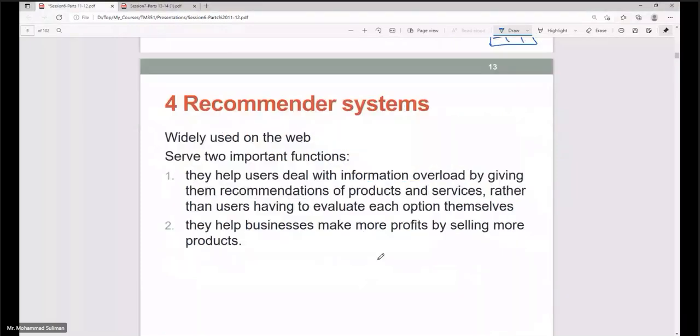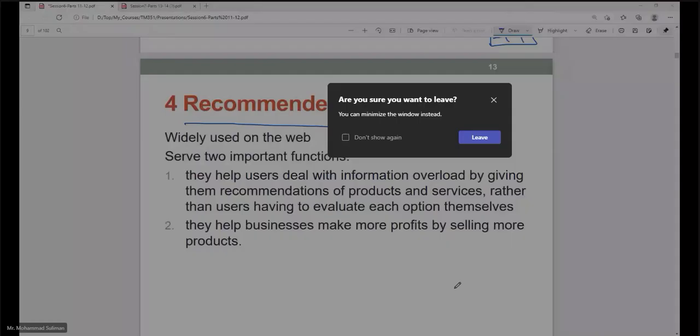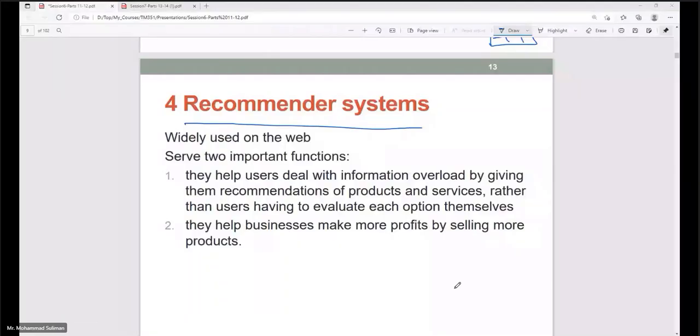This is a different topic, a recommender system, which is basically about how things are recommended on any platform, and based on what data. For example, when you make an online purchase, after that you start receiving recommendations.